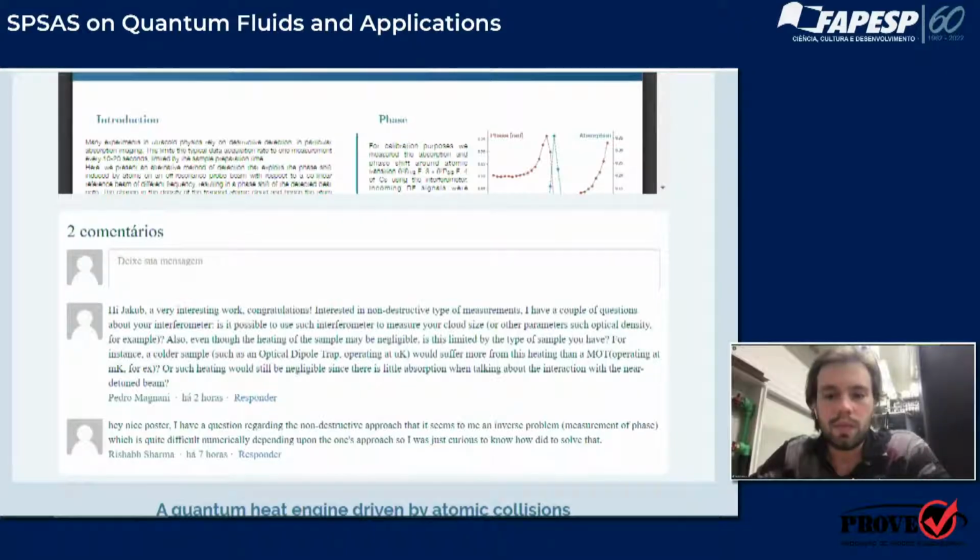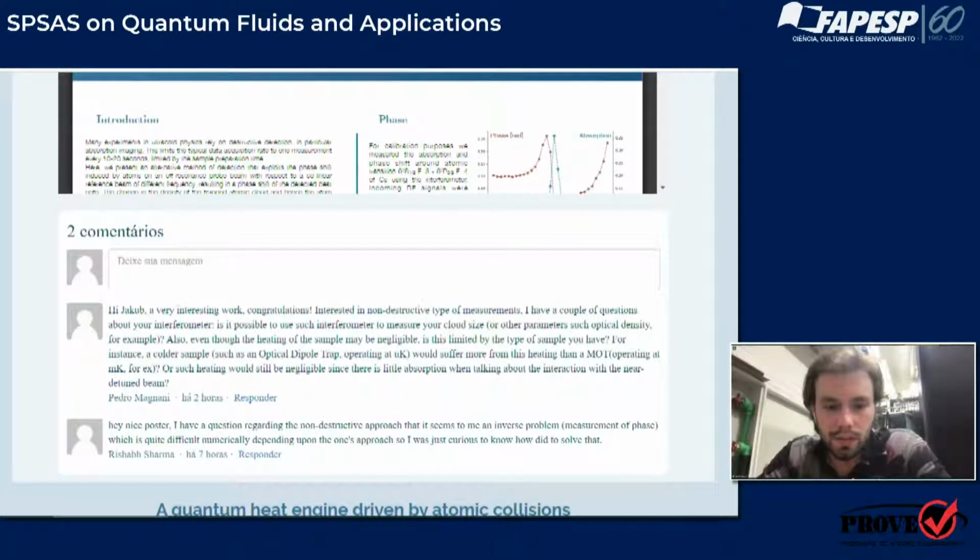So the optical density is actually the thing that the interferometer measures, because this phase of light that interacts with atoms is proportional to the density of the probe. So that's the main parameter that we get. And then we can, of course, convert that to the number of atoms if we want to.